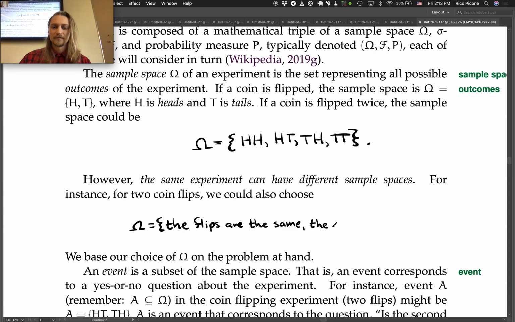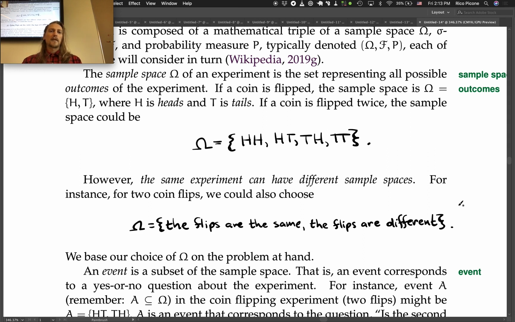We have only two outcomes. So it's the same experiment that was done here, but we could define the sample space differently. If it is defined like that, we don't think about the order in which it happened.